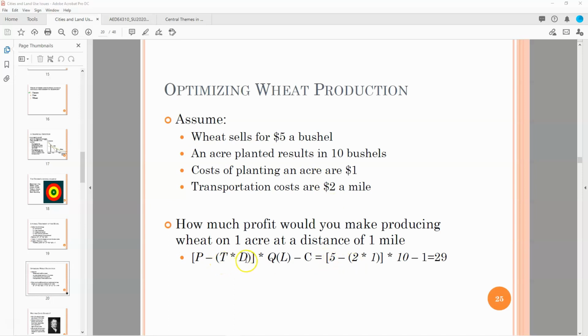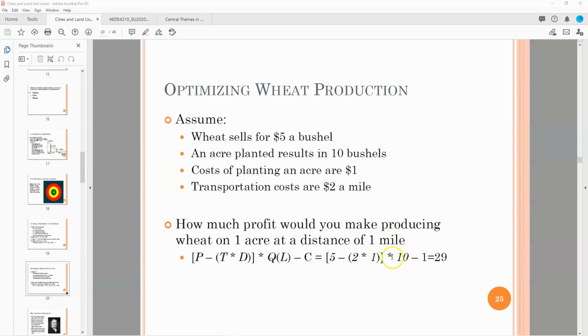And T times D, T is 2 because the transportation costs are $2 a mile. D is our total mile, and the distance is just 1 mile. So P minus T times D, which is equal to 5 minus 2 times 1.